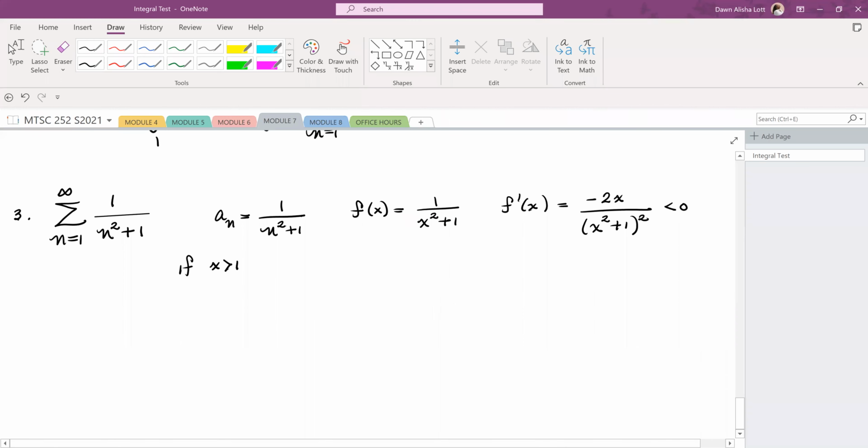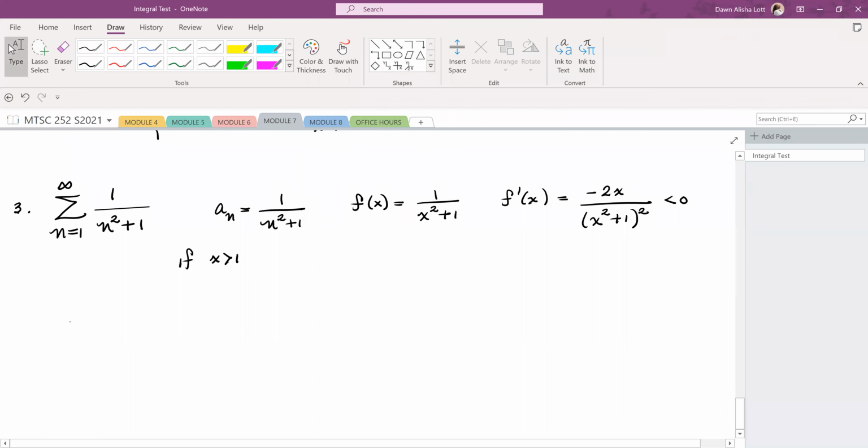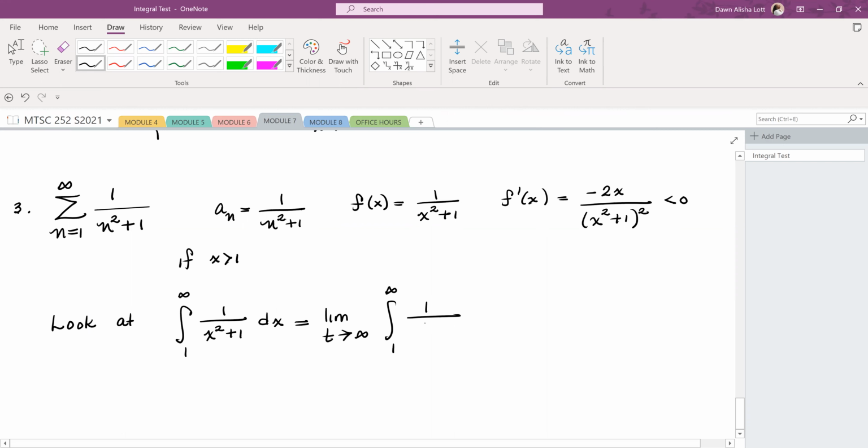So let's use the integral test. Let's look at the integral from 1 to infinity of 1 over x squared plus 1 dx. That's the limit as t approaches infinity of the integral from 1 to t of 1 over x squared plus 1 dx.